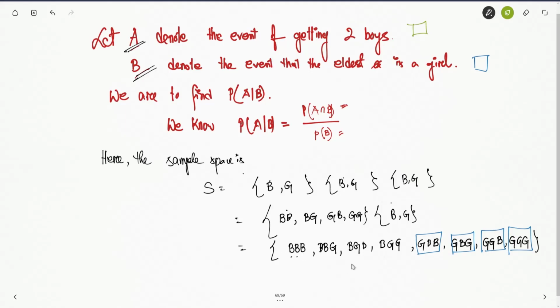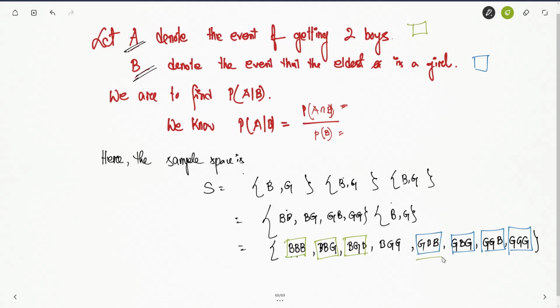2 boys. So this is an event of 2 boys, right? This is an event where also we have 2 boys. There are 3, but it is greater than or equal to 2. This is an event where we have 2 boys, right?